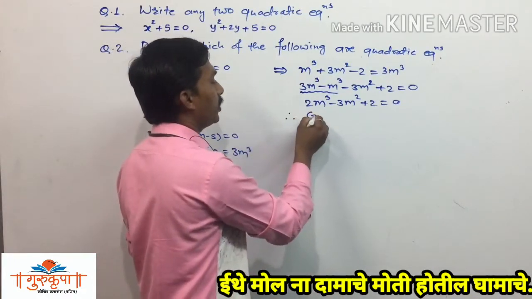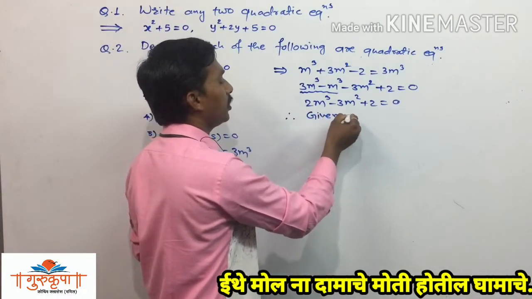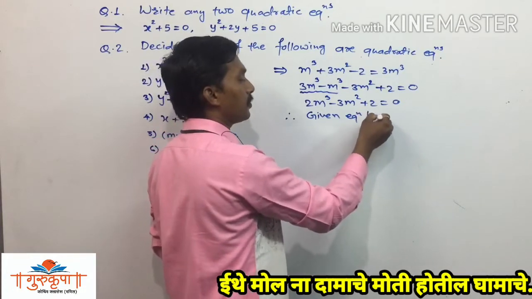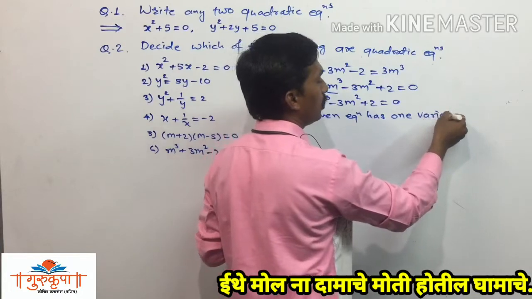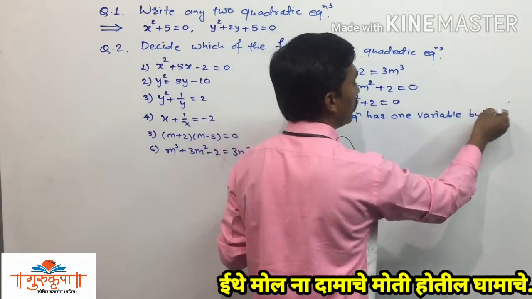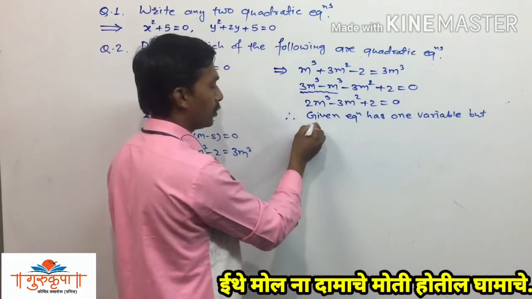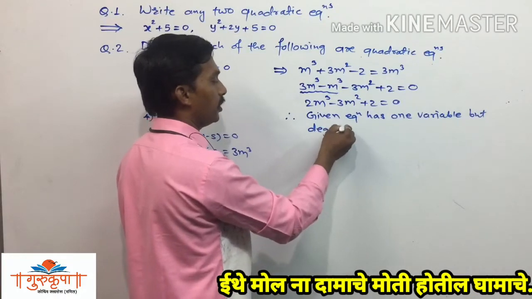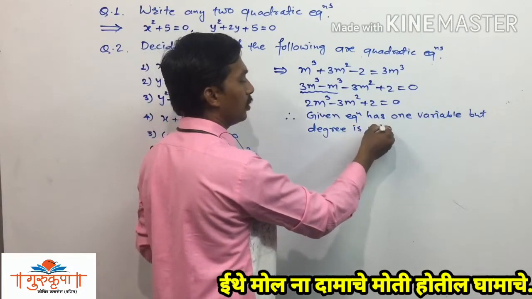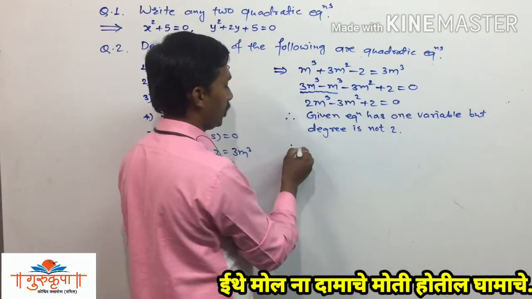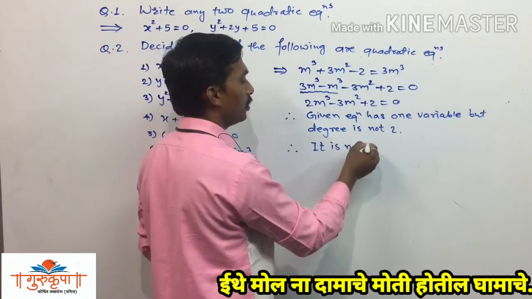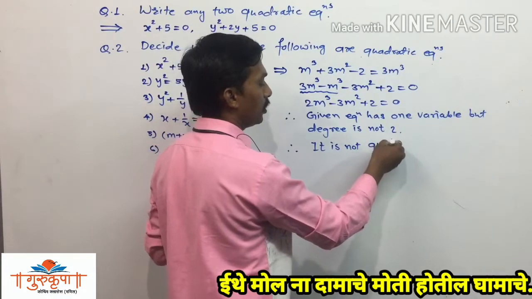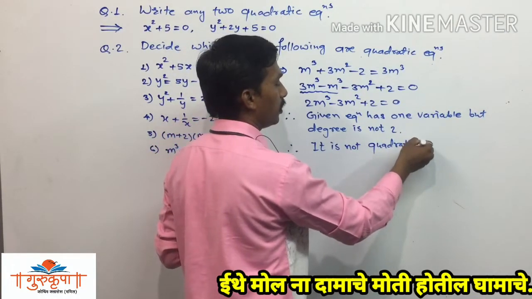Here you can write: given equation has one variable but degree is not 2, therefore it is not a quadratic equation.